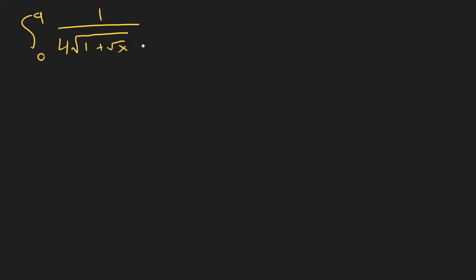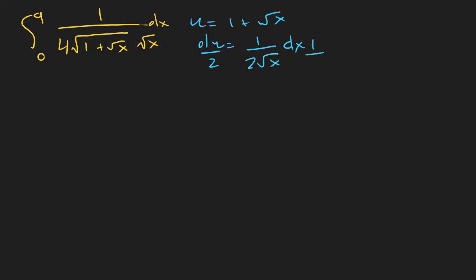Now here, u is going to be 1 plus the square root of x, so du is going to be 1 over 2 root x dx. Now notice that if I divide by 2, that'll give me 1 over 4 root x dx, which is exactly what I needed. So in this case, this becomes the integral of, well, if you plug in 0, you get 1. If you plug in 9, you get 4.